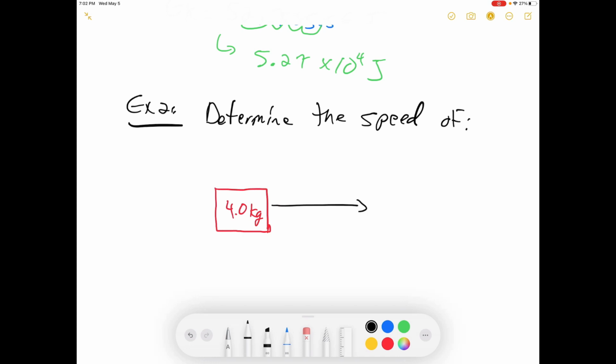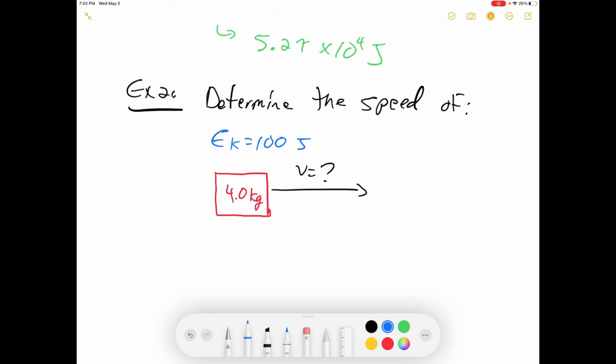And it's moving this way at an unknown speed. And we'll say that the EK that it gains or that it's experiencing is 100 joules. So this would all be given in the question.